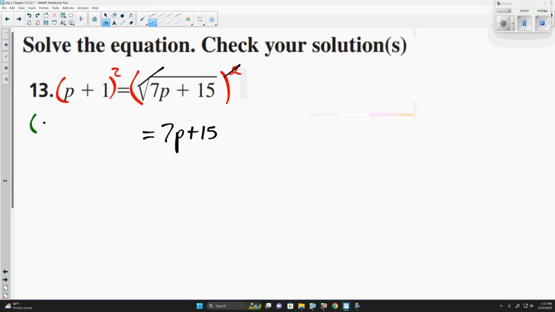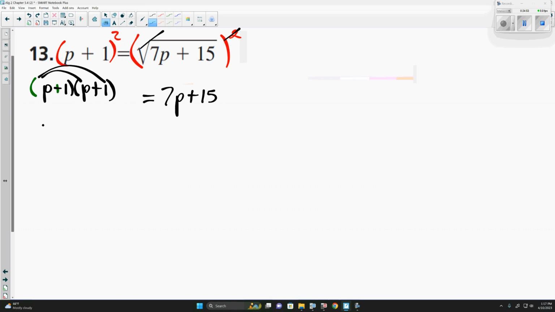So really what this is saying is that I have p plus 1 times p plus 1, which we have to multiply out. p times p is p squared, 1 times p is plus p, plus p, plus 1.